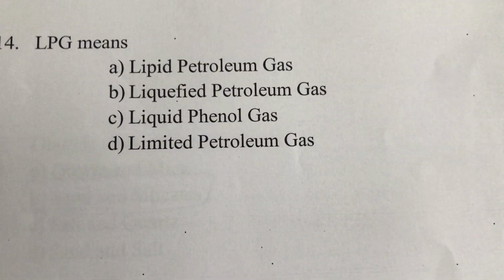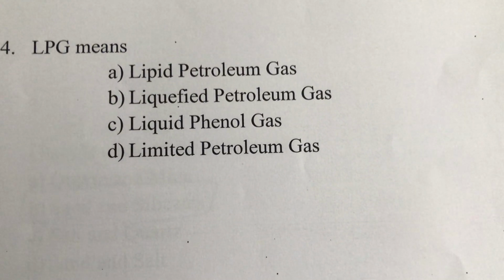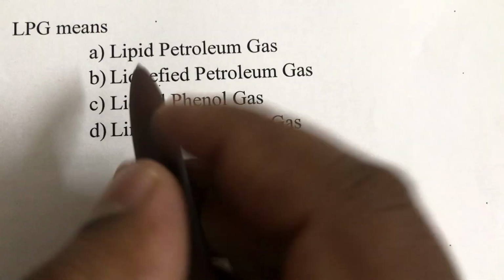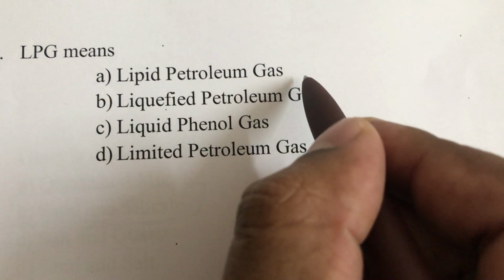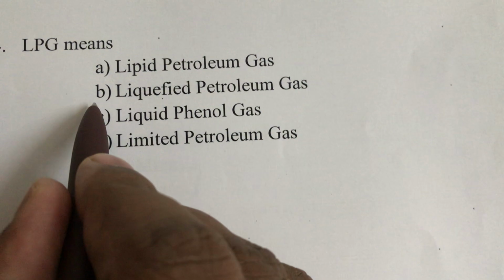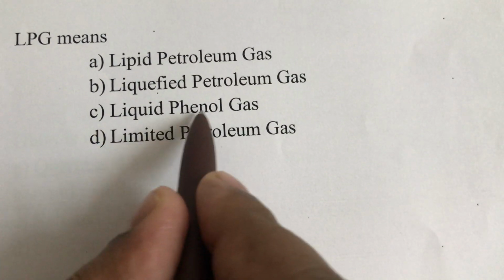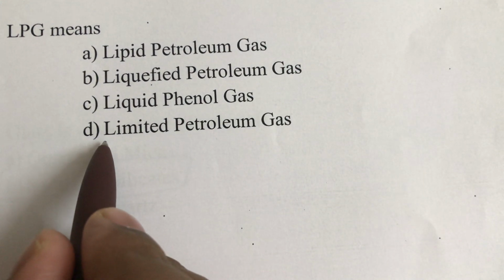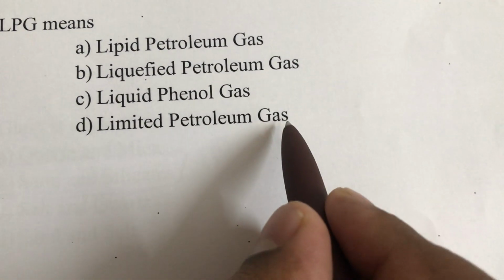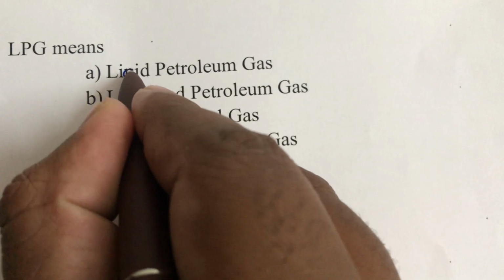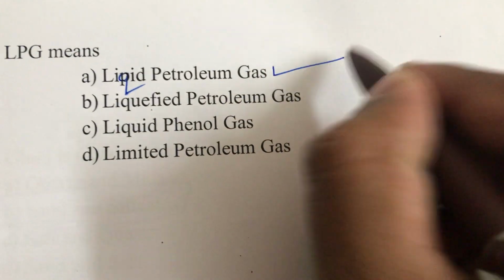The 14th question is, LPG means, option A is liquid petroleum gas, option B is liquefied petroleum gas, option C is liquid phenol gas, option D is limited petroleum gas. The option A is liquid petroleum gas.